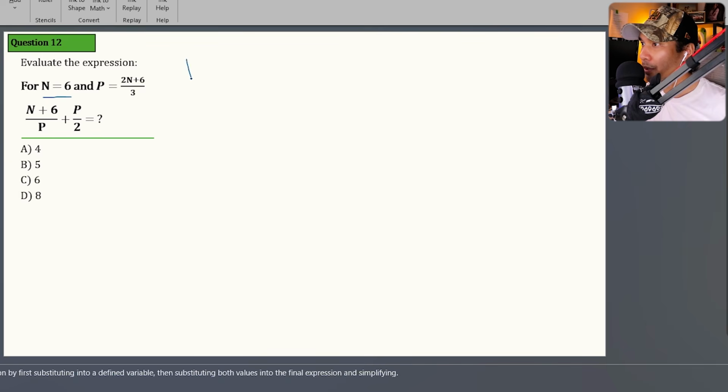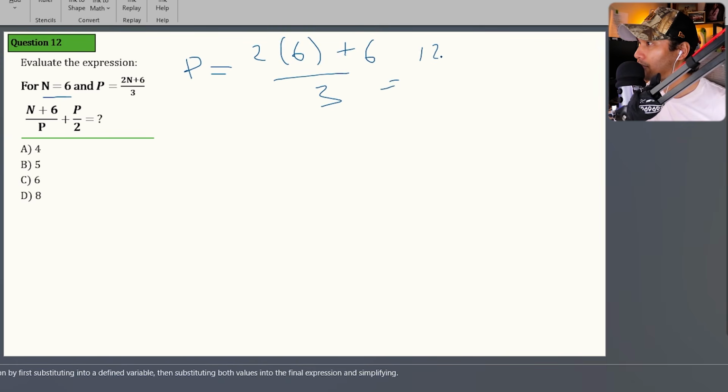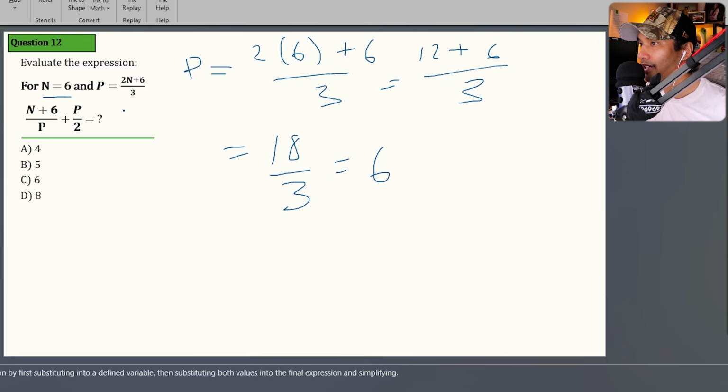So I would go p equals 2 and then substitute, okay, plus 6 over 3 equaling 12 plus 6 over 3 equaling 18 over 3 equaling 18 divided by 3 is 6. So p is equal to 6.